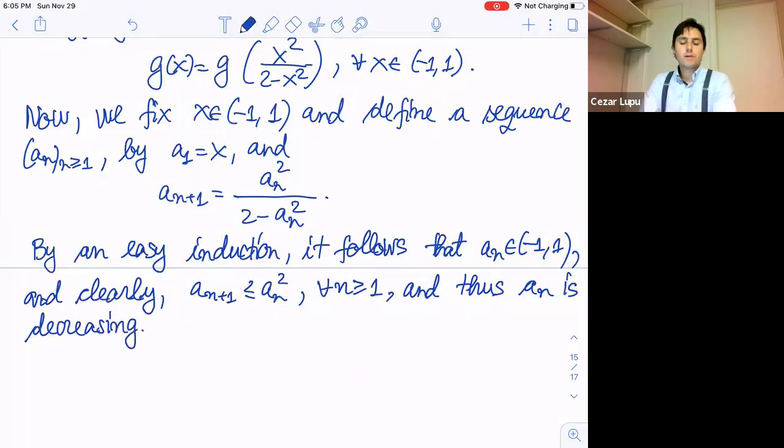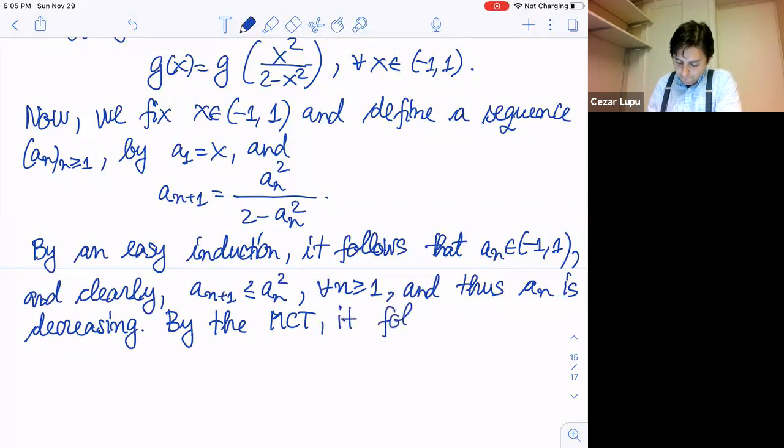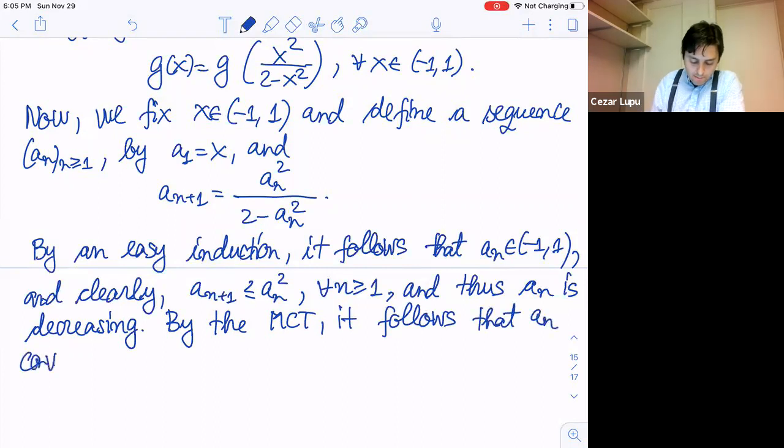All right, that's great. Now, by the monotone convergence theorem, by MCT, it follows that a_n converges. It converges to, well, converges to what? If we pass to the limit, it will be to 0.